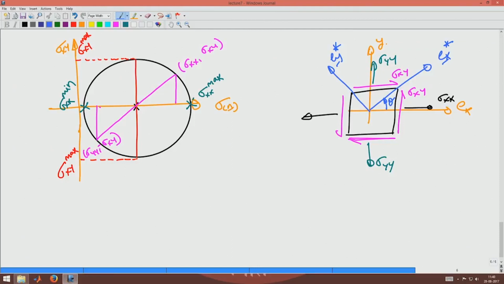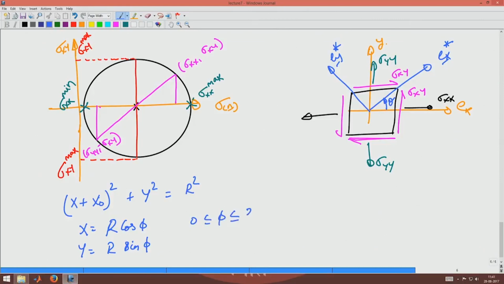If I write the equation of this circle as (x plus x naught) whole square plus y square equal to r square and do a transformation x equal to r cos phi and y equal to r sin phi, and use 0 less than phi less than 2 pi as the domain of phi, then what is x?